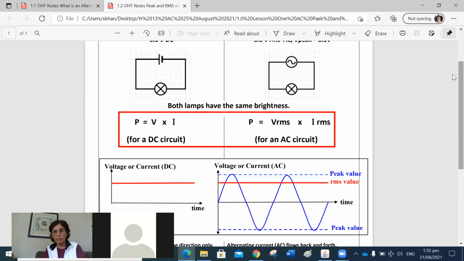We use a term called RMS, an abbreviation for root mean square. Power in a DC circuit is voltage times current. In an AC circuit, power, which is the measure of the brightness of a lamp or how much heat the resistor produces, is RMS voltage times RMS current.